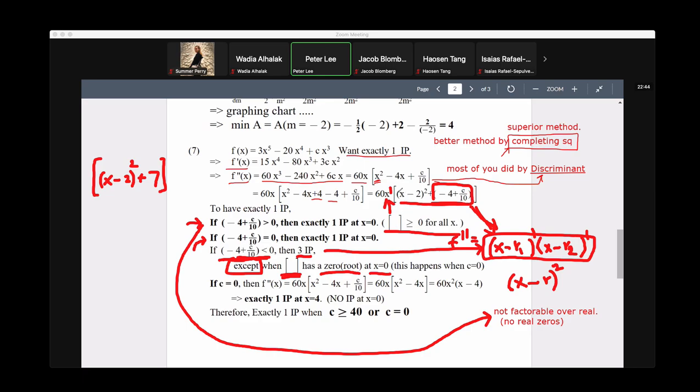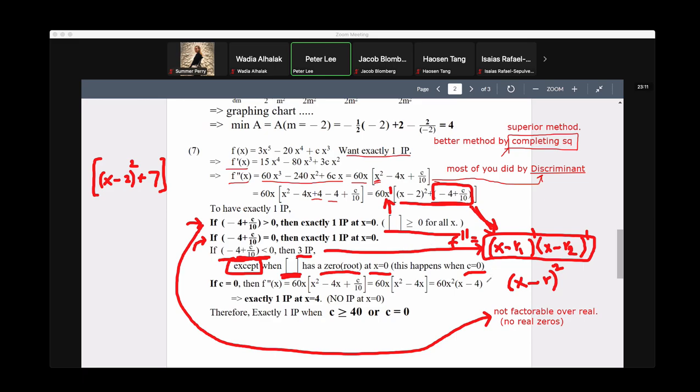So when you plug in x equals 0 here, what do we get? How is it possible that we get the whole thing 0 by plugging in x equals 0? If we do that, then we will find that c must be 0 in that case.